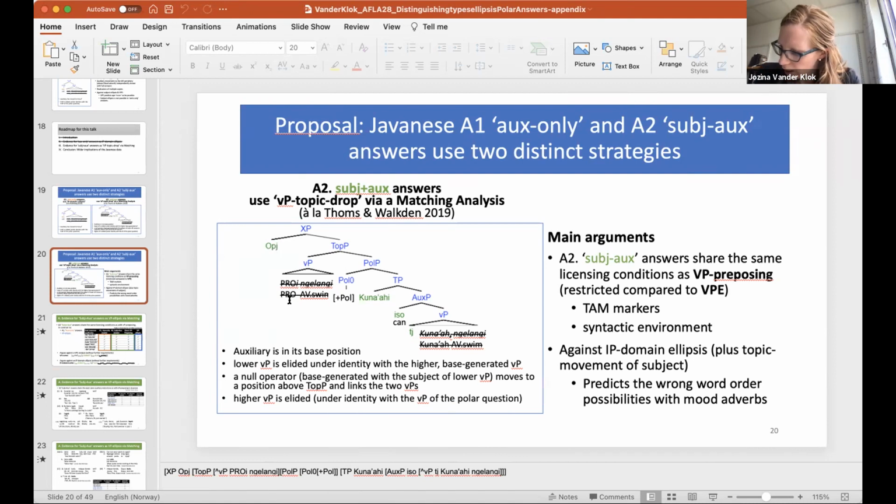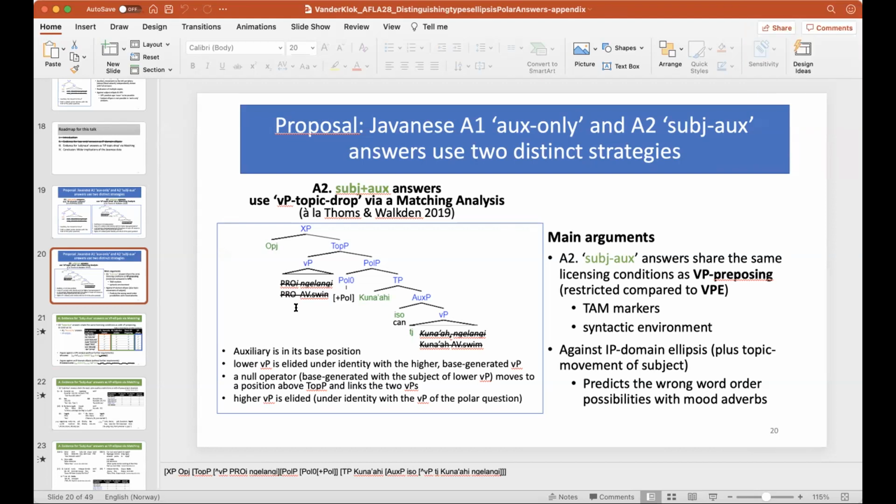This involves A-bar movement of the operator to a higher position, but feeds into binding the pro, which will result in the subject matching in overt VP pre-posing.